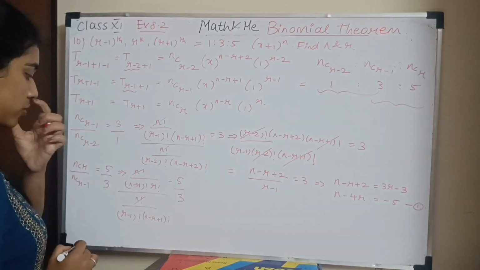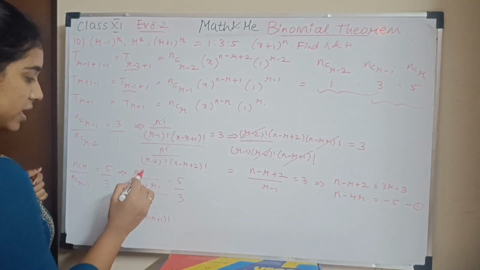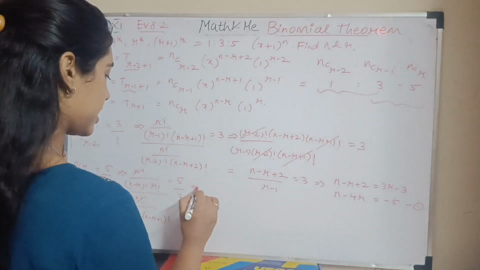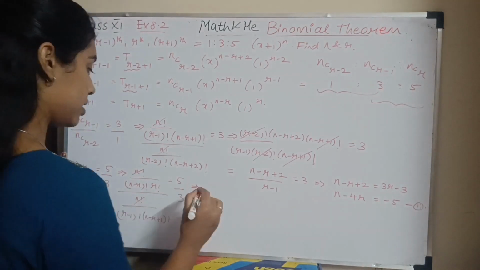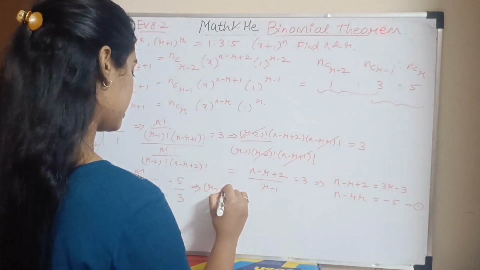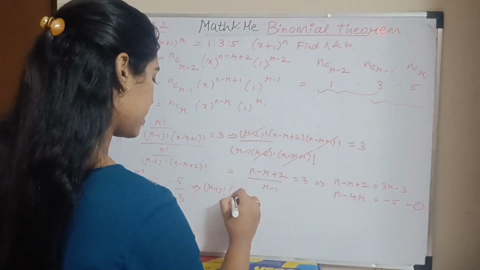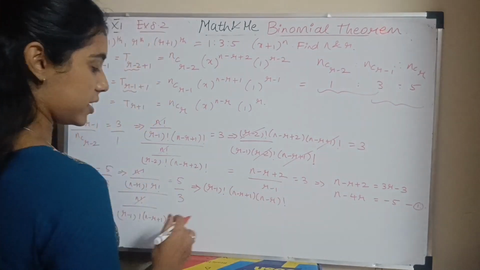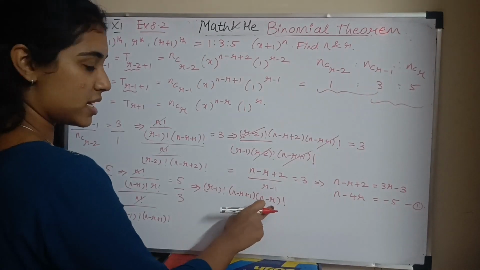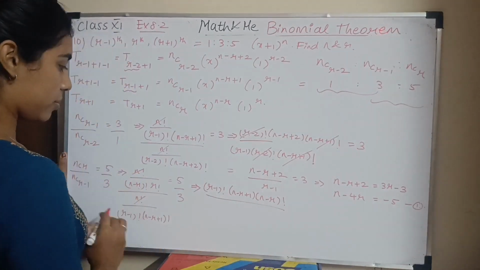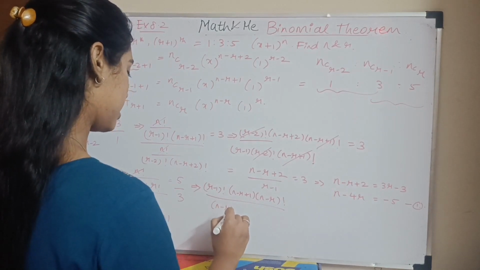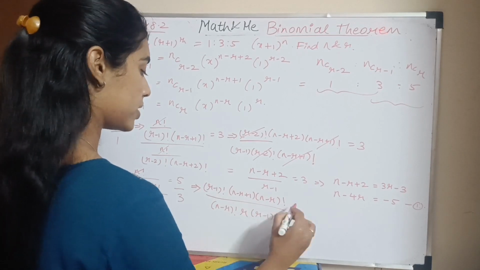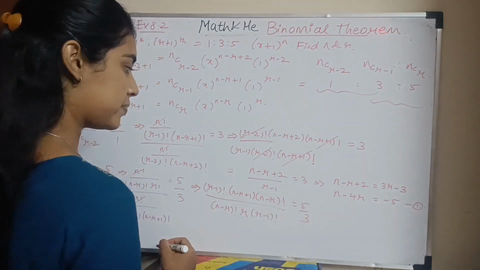The n factorials go off, and I write (n minus r plus 1) factorial as (n minus r plus 1) times (n minus r) factorial. Also r factorial can be written as r times (r minus 1) factorial.